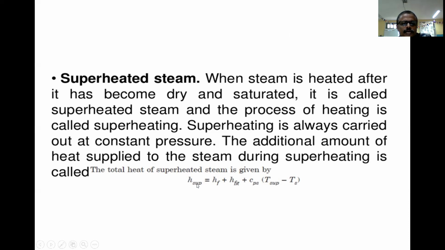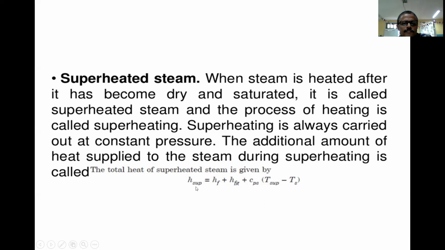Heat required to convert to superheated steam, H superheated, is equal to hf plus hfg, where hf is the sensible heat of water and hfg is the latent heat, plus the specific heat of superheated steam into change in temperature. Change in temperature is T super minus Ts.